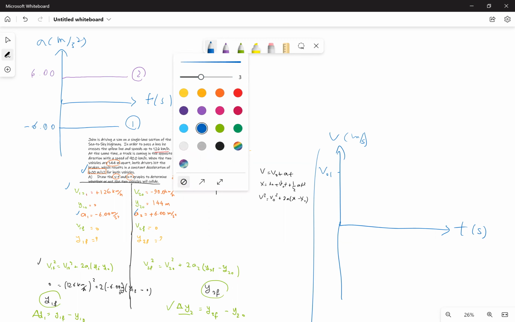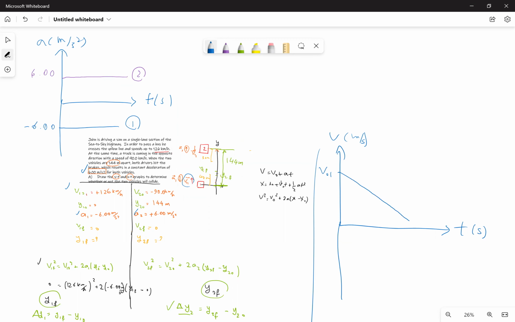This is car one, and its velocity is a diagonal line with a slope equal to negative 6.00 meters per second squared.